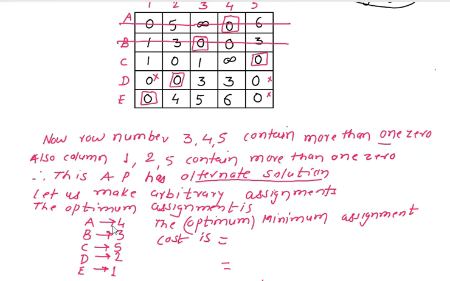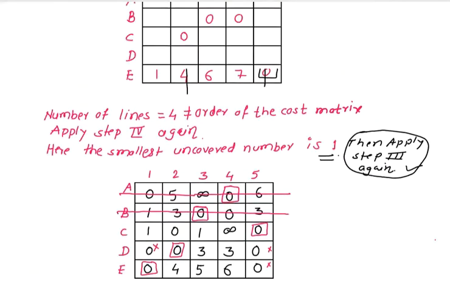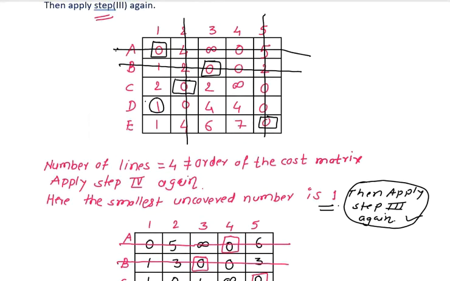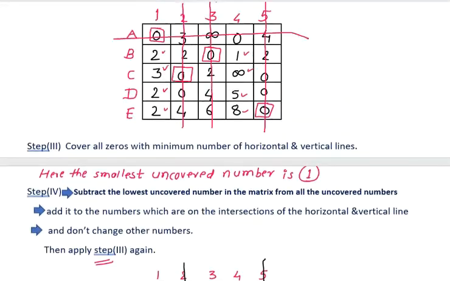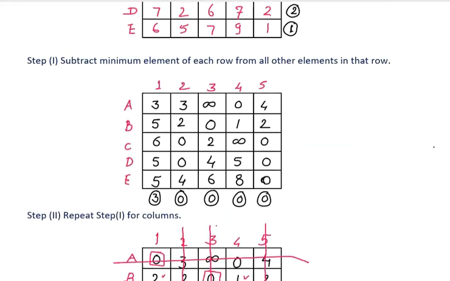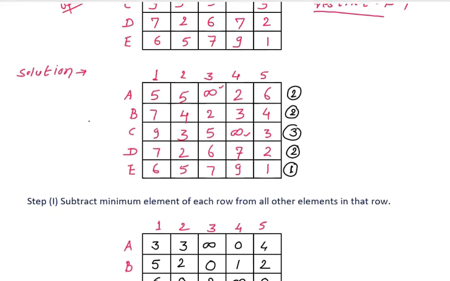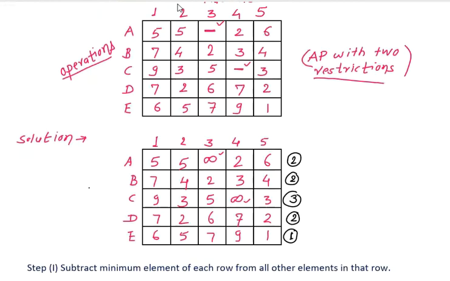So let us write down the optimum assignment cost, or minimum assignment cost, for this problem. First, we have assigned clerk A to job number 4. So the cost is C14. Let us see what is the cost in the given problem. C14, this is the cost. Look at the cost.